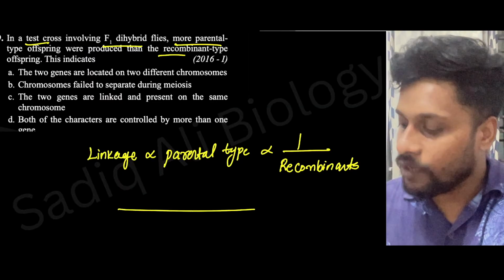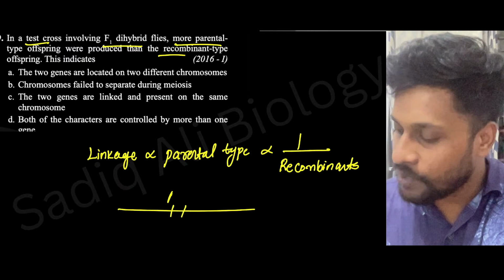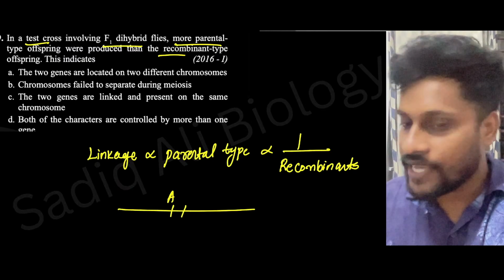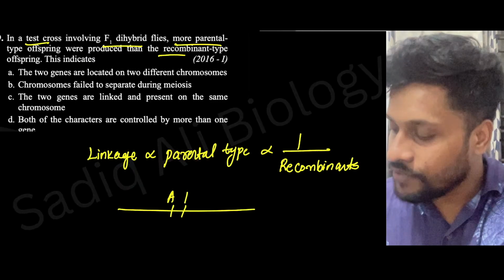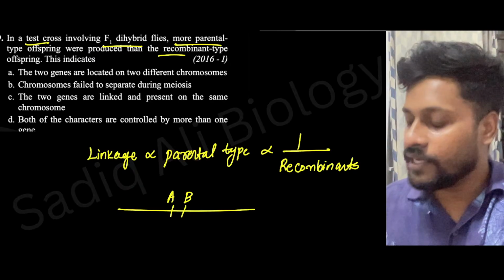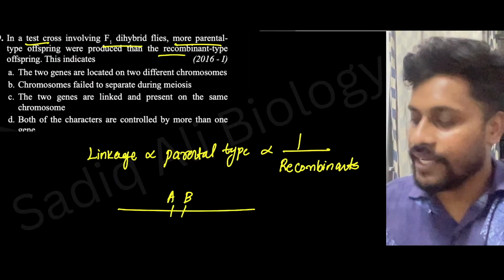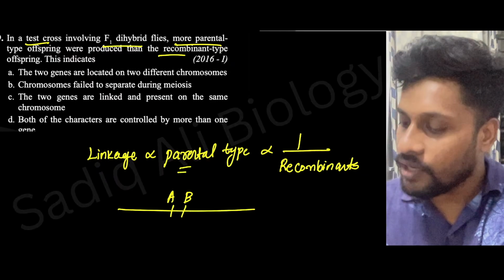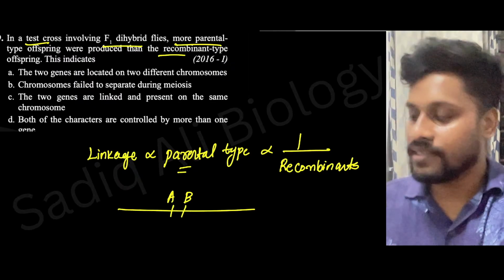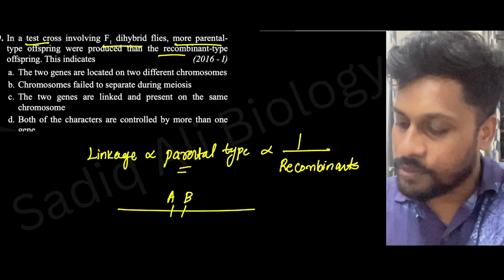For example, if you take one chromosome with two genes A and B, if they are present together, which means there is a linkage between them. If there is linkage, then parental type will be more, recombinant will be less. So here the answer will be option C.